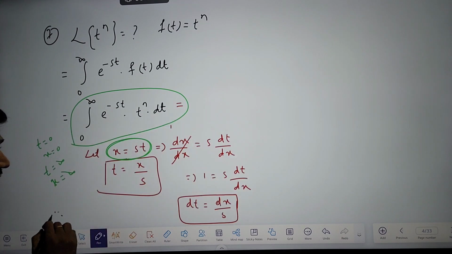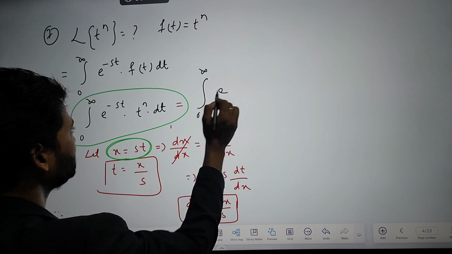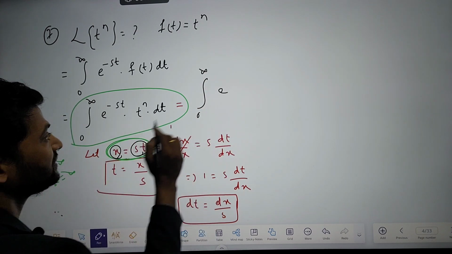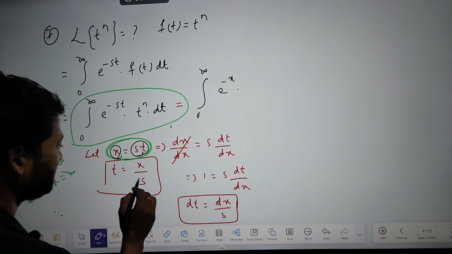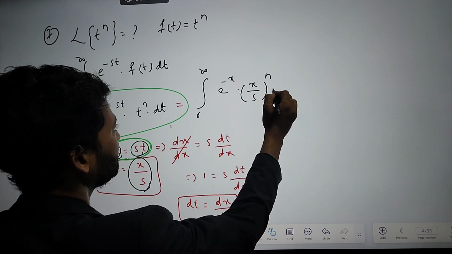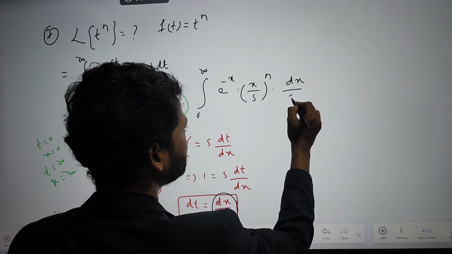That's why we can write here integration of 0 to infinity, e to the power minus st क्या है? What is st? st is x. So e to the power minus x into t क्या है? x by s to the power n. Then what is dt? dt is dx by s. Understood?